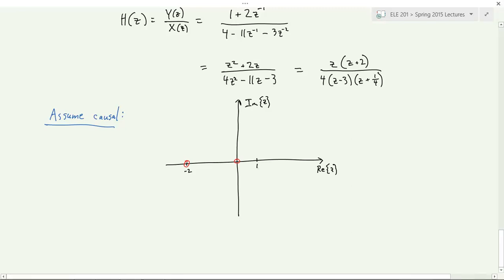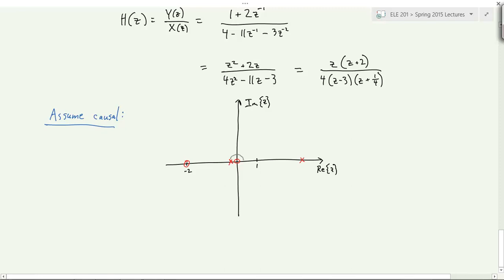And we have now 2 poles. We have a pole at z equals 3, so that's way up here. And we have a pole at z equals negative 1/4 right there. Okay, so the poles mark the possible regions of convergence.